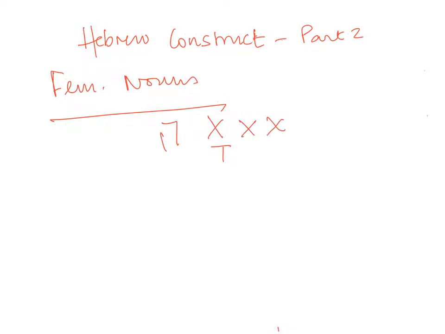That's how you recognize this as a feminine noun. Now, what will happen is this is the absolute state. In the construct state, remember the he at the end of a word, two things can happen. It can drop off completely, or it can change to another letter. And usually if it changes, it changes to a tau, which is another old feminine ending. So in this case, it strengthens to a tau.